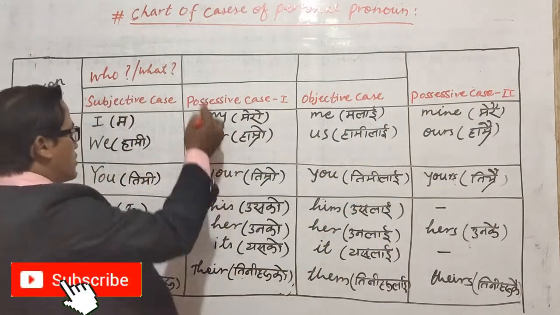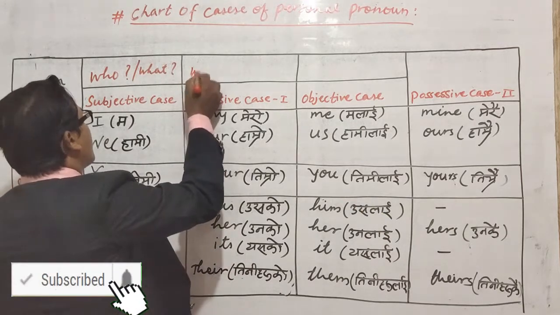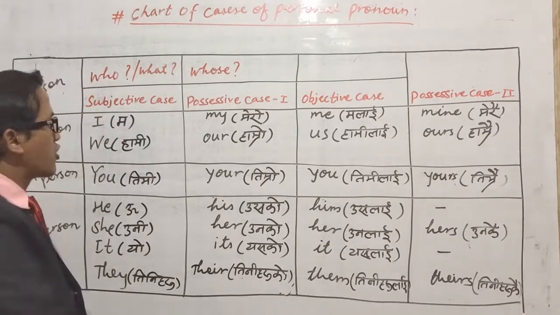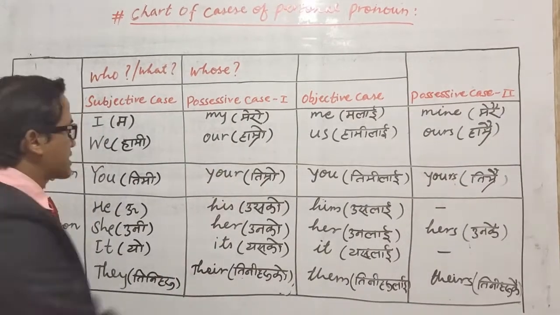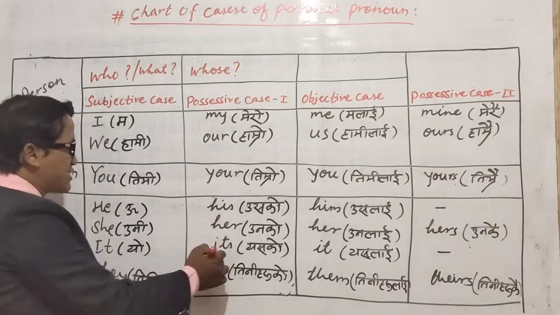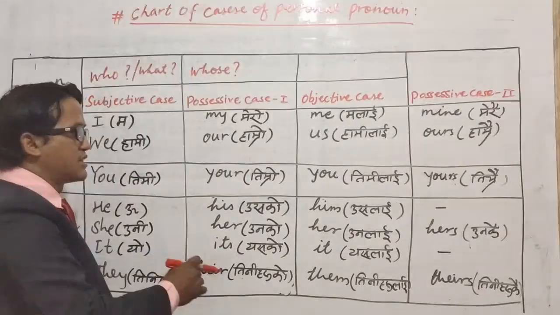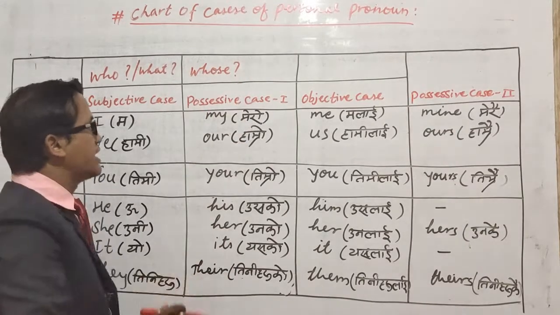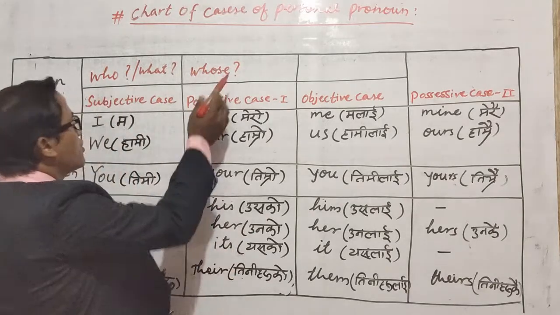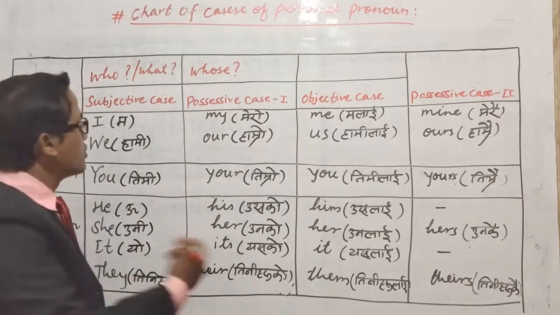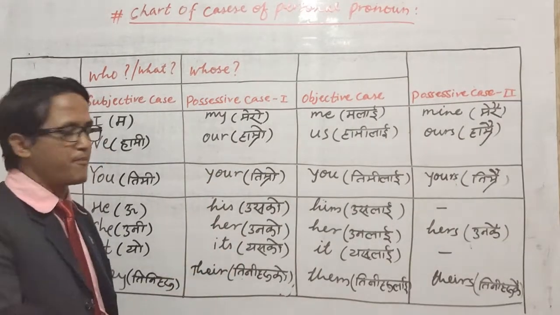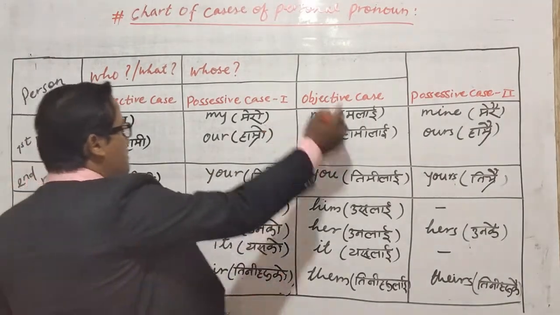So this is also the answer of the which question, which means कसको भन्ने प्रश्नको उत्तरमा चाहिँ यी प्रोनाउनहरु आउँछन्. So they always function as possessive case in the sentence. This is the answer of the which question. Let's ask the which question: which copy? My copy, your, his, etc.